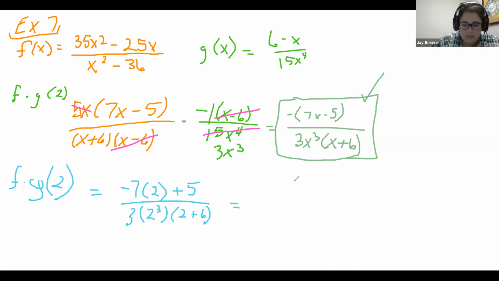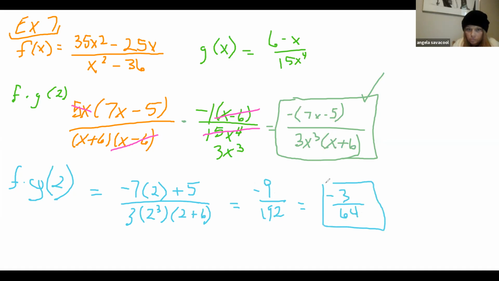If you simplify it, you'll end up with -9 over 192, and that simplifies again to -3 over 64. Again, you could choose to give the decimal version. I don't feel it's necessary, but if that's what you like, then go for it.